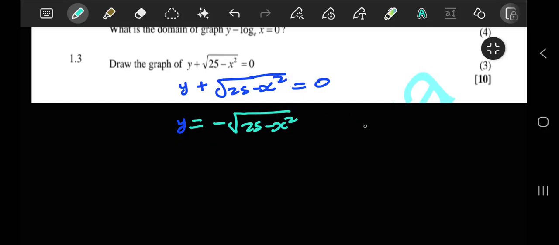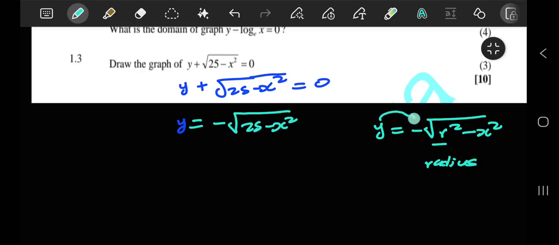So in the formula, this is equal to minus the square root of r squared minus x squared. This r is simply the radius, guys. Then this negative tells us y is negative.